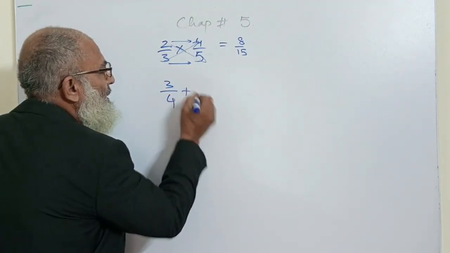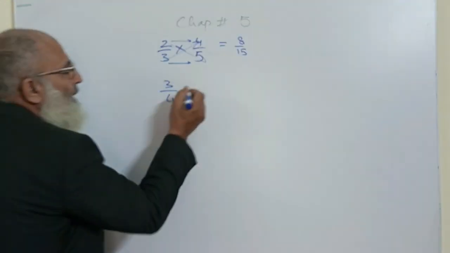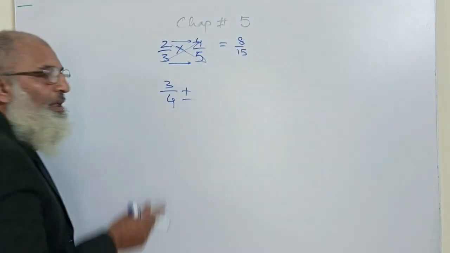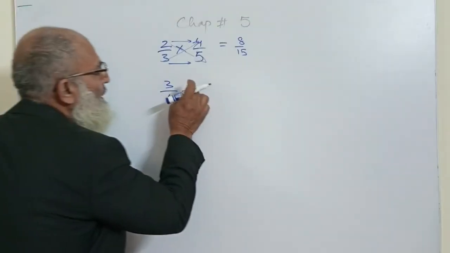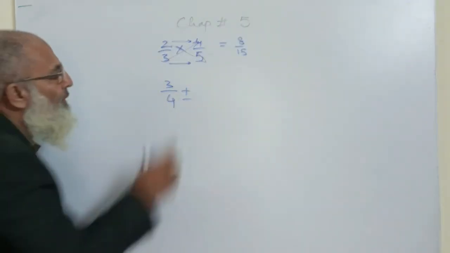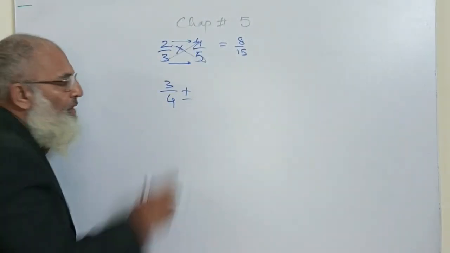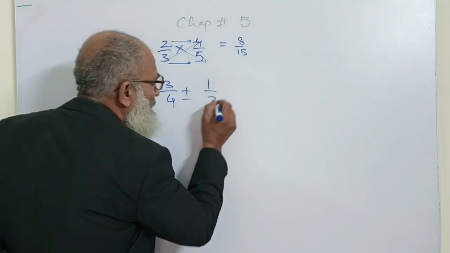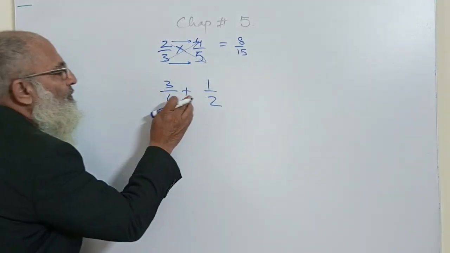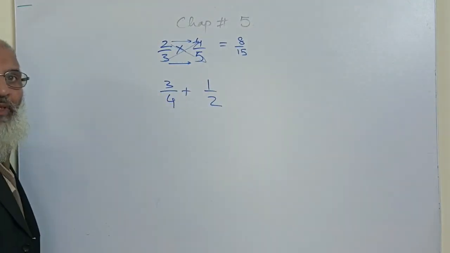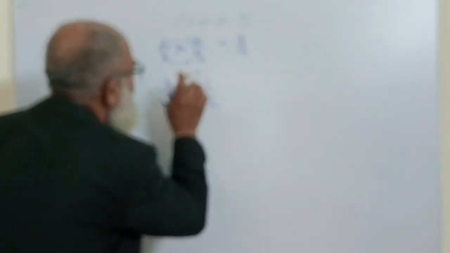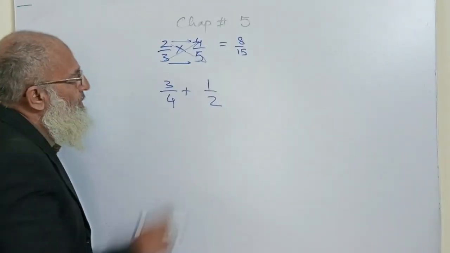See, this is like this, and if there is any sign in between them, for example addition or subtraction, let us take the first example. Take it as addition at first.